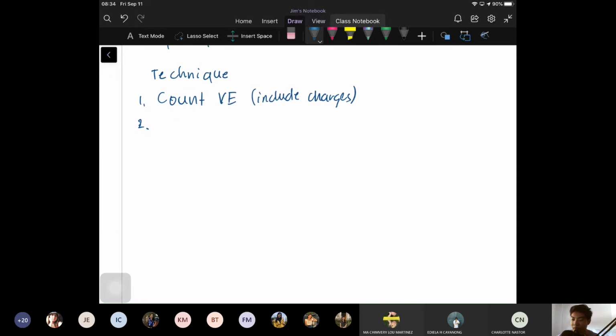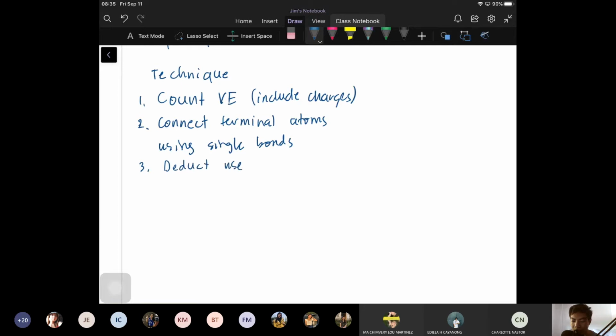So, number 2, ano yung technique? Connect terminal atoms using single bonds. So you connect mo yung terminal atoms to your central atom using single bonds. Then number 3, deduct used electrons from number 1.